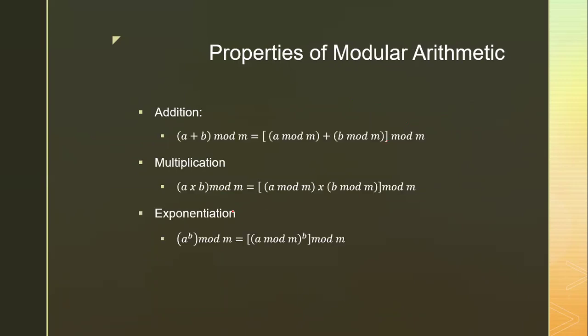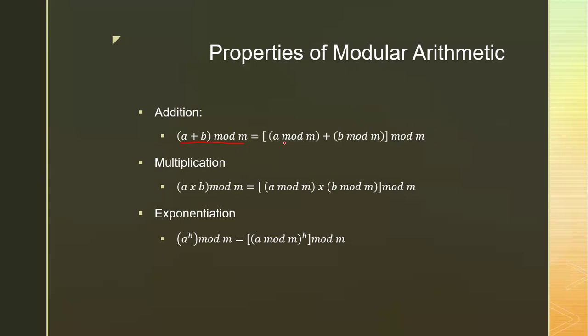Okay, so now let's go to some basic mathematical rules that govern modular arithmetic. We've got addition, where you have (a plus b) mod m. This can be further expanded, where we say (a mod m plus b mod m) mod m.